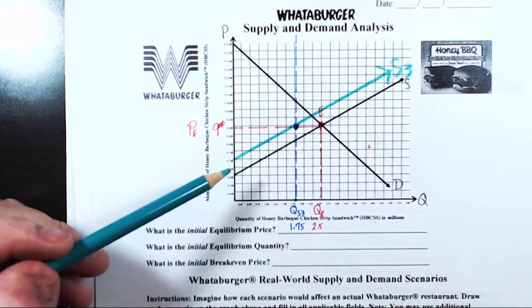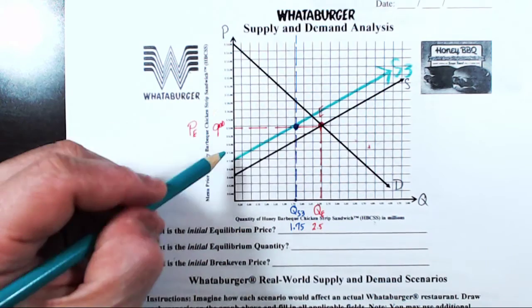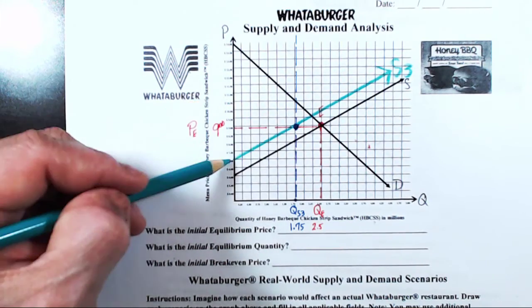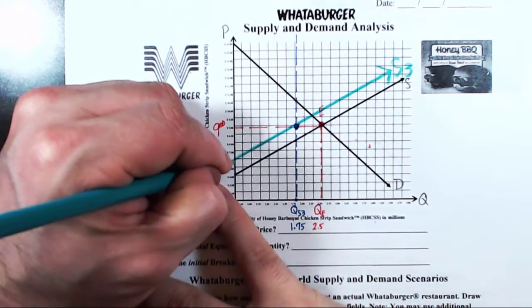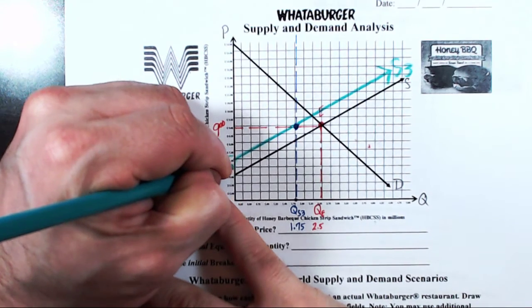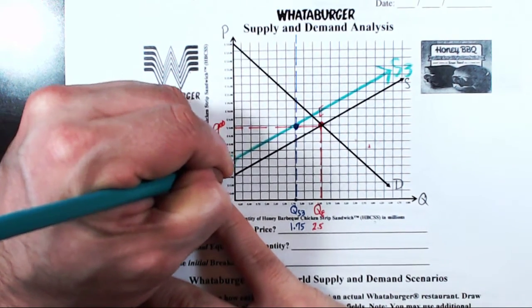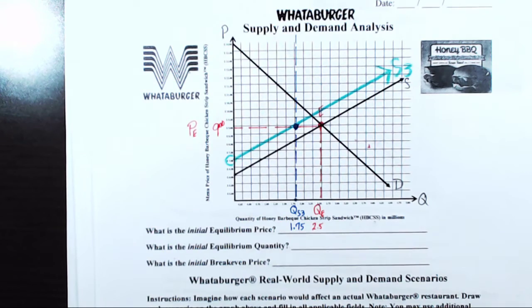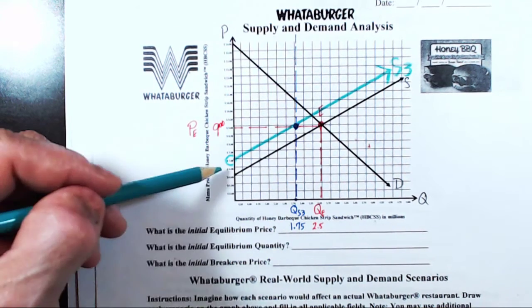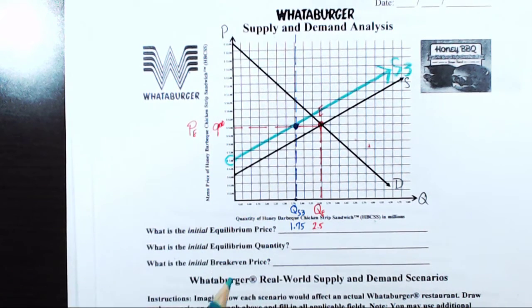I didn't ask you for this, but it's easy to find. If I said, what is the new break-even cost? You could just read it right off the curve at $7. So it looks like the cost of making the sandwich went up by $1.